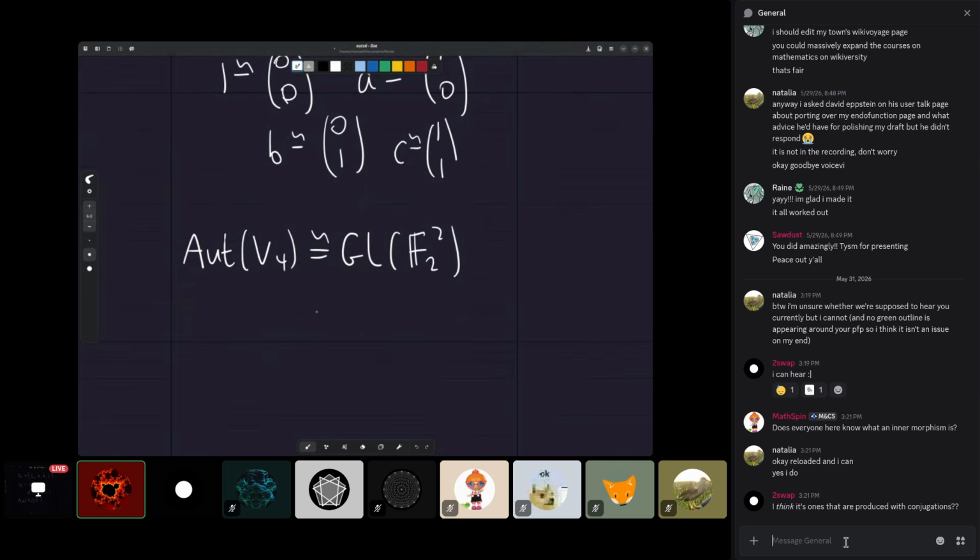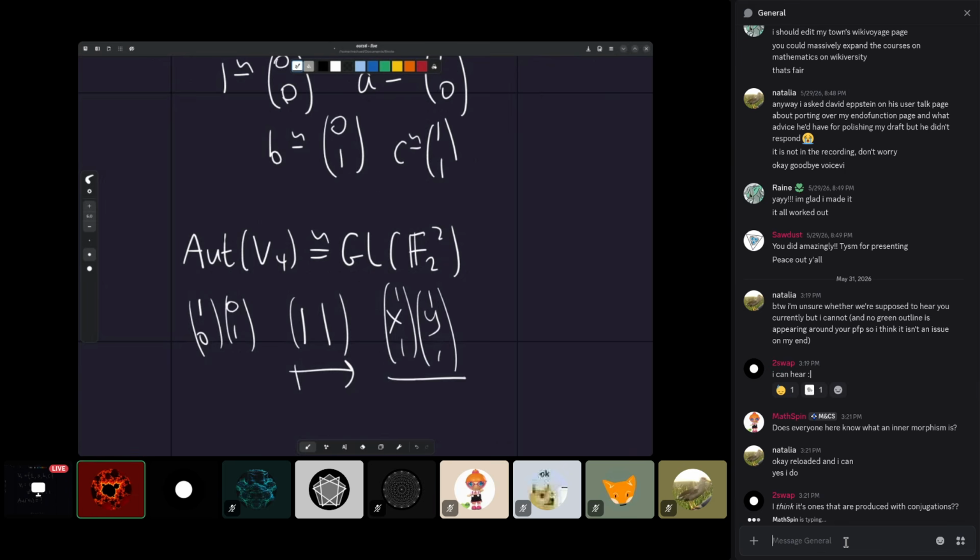Basically, you've got two vectors, you put them in the columns of a matrix, and that will give you a linear transformation taking a standard basis to your two vectors x and y. And if these are linearly independent, you end up with an invertible matrix, so it's in there.